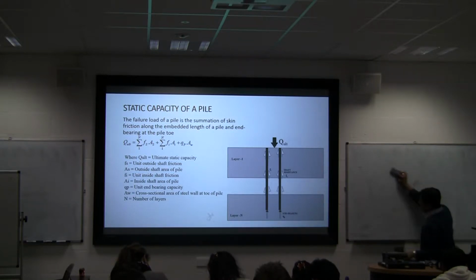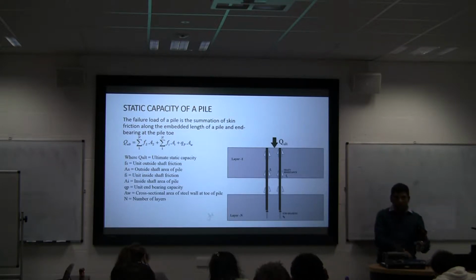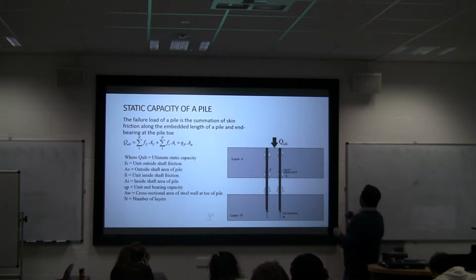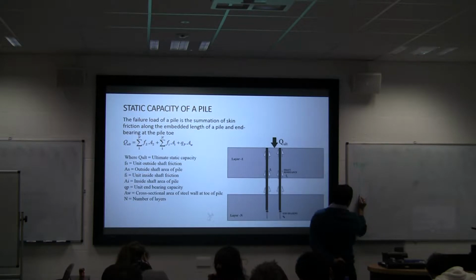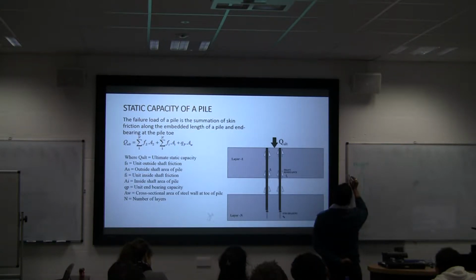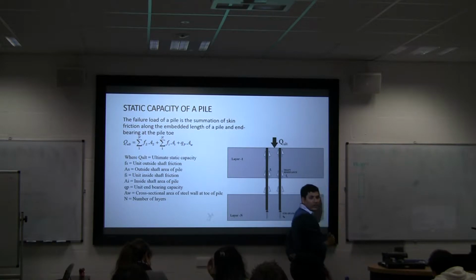Like onshore, if it's a solid pile, you simply do the end bearing, right? In offshore, you take one case as plugged. If it's a plugged case, the calculation is, you take the whole end bearing, right?